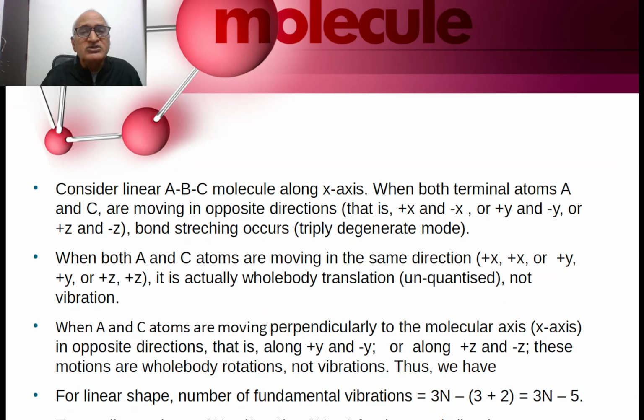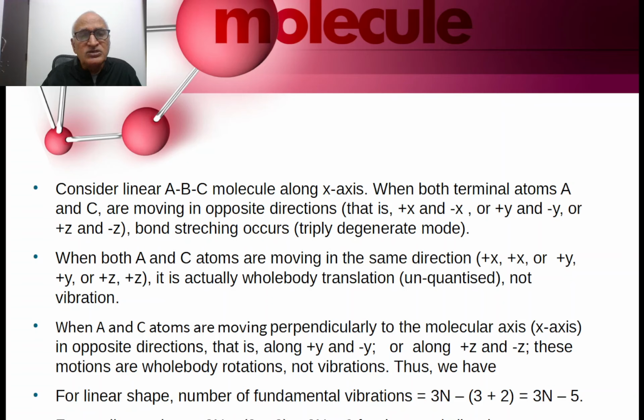Now, let us consider triatomic molecule. I will try to show you how do we derive the formula 3n minus 5 or 3n minus 6. Simple logic will explain how do we get this formula. Suppose you have one atom. It can move along x direction, along y direction, along z direction.